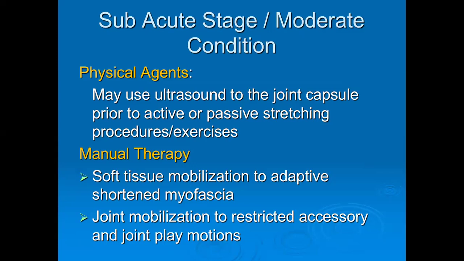These joint mobilizations are very crucial for the increase in the range of motion. Sometimes we may have immediate improvement in the range of motion if they are provided in the proper and appropriate method.